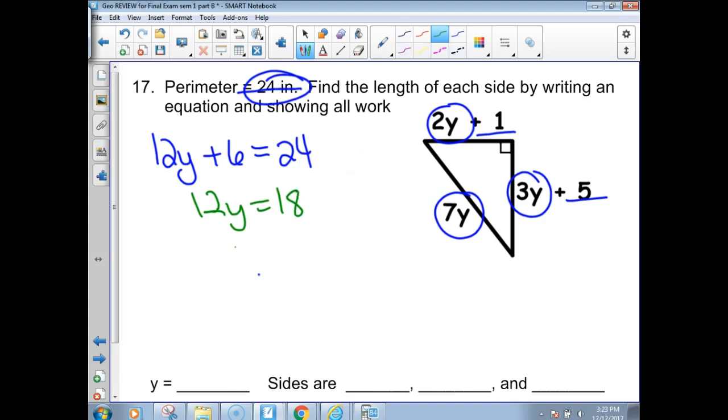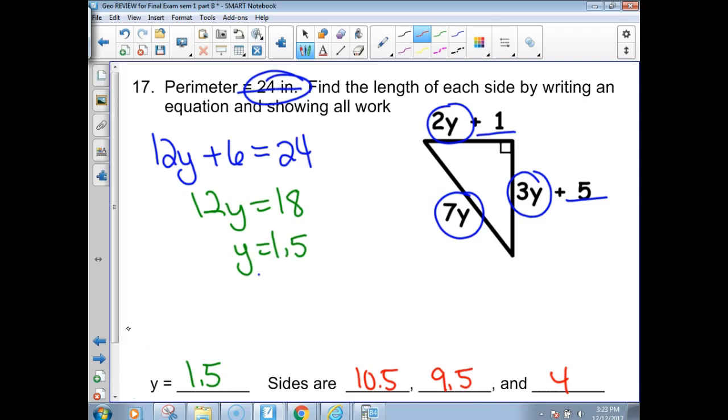And then divide by 12, and you should have gotten 1.5 for x. All right, now you would substitute 1.5 back in on here and find out the missing sides. Okay, you should have gotten 10.5, 9.5, and I forgot 4. Yes? Anybody need help with how I got those numbers?